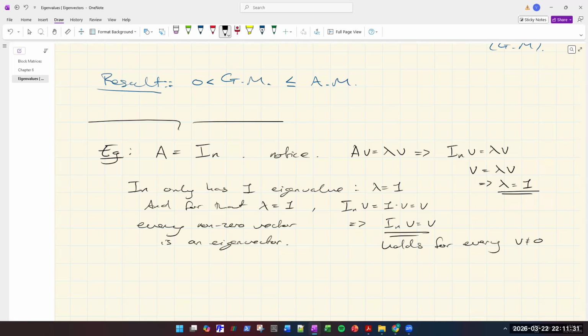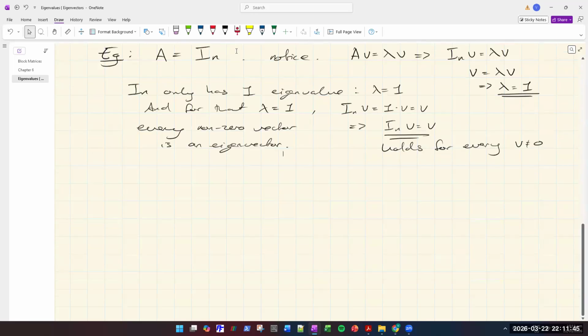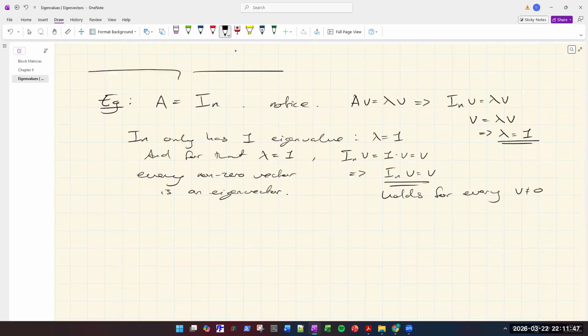So when you take the n by n identity matrix, that matrix only has one eigenvalue. It's 1. And the corresponding eigenvectors are all non-zero vectors. In fact, the eigenspace for this lambda, the eigenspace for 1, is simply the entire space, in this case Rn.